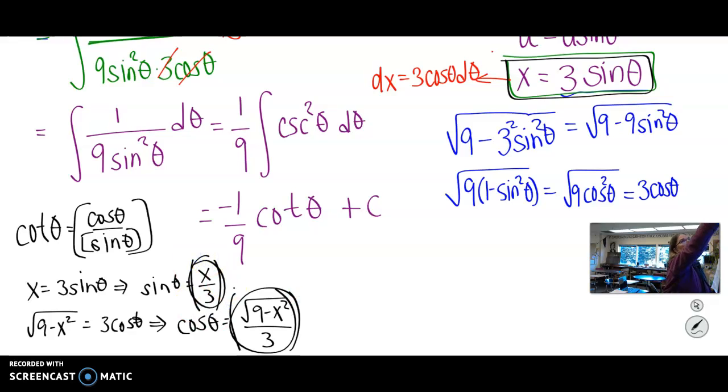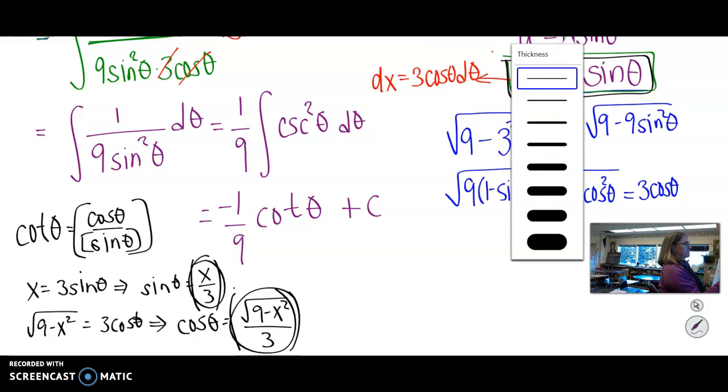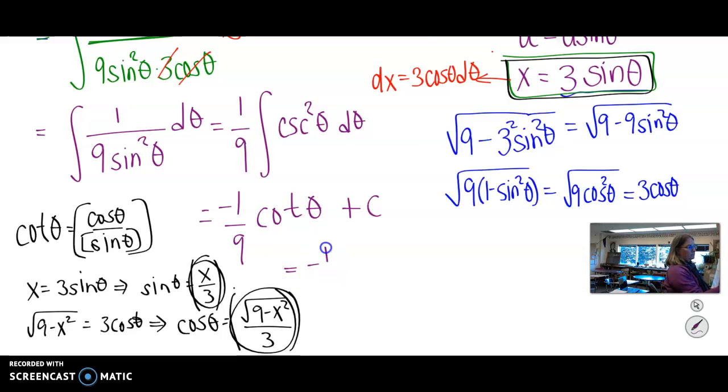So this is going to become negative 1/9 times cosine over sine, so the square root of 9 minus x squared over 3, that's my cosine right here, and then divided by sine, which is x over 3.